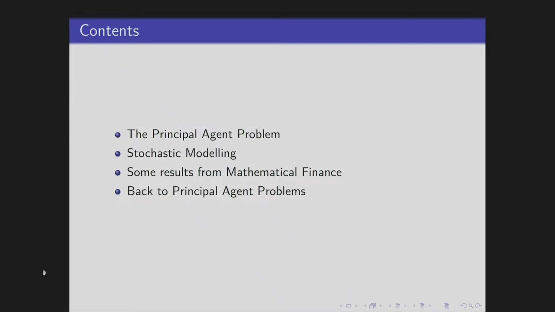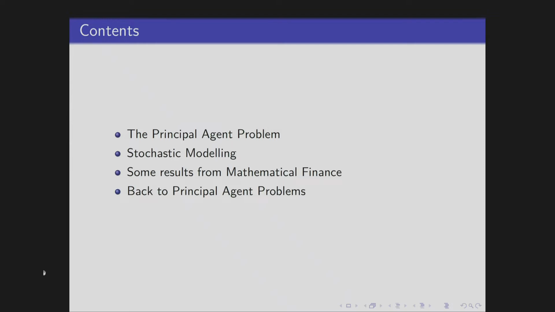And in the second part, it will be about those tools. We will introduce the stochastic modeling part, which will be about what tools we have out of probability theory that we can use to model random processes that we encounter in finance, but also in other areas of life.